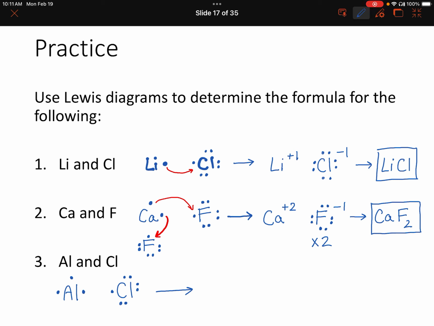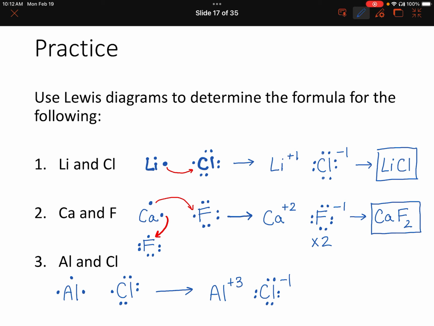So if we lose three negatives, aluminum would end up with a +3 charge because it will have 3 extra protons compared to the number of electrons, right? And then what about chlorine? If chlorine gains 1 electron to end up with 8 electrons, then it will have a -1 charge, which we saw earlier.